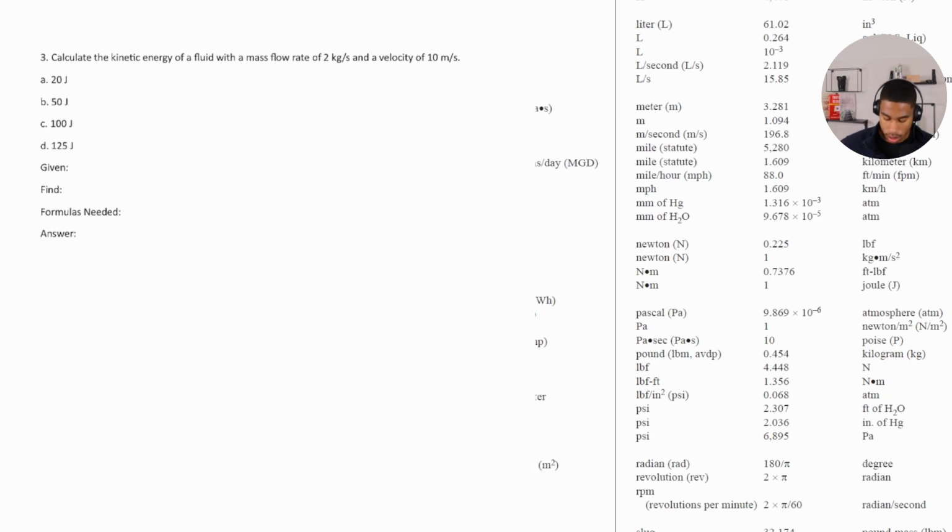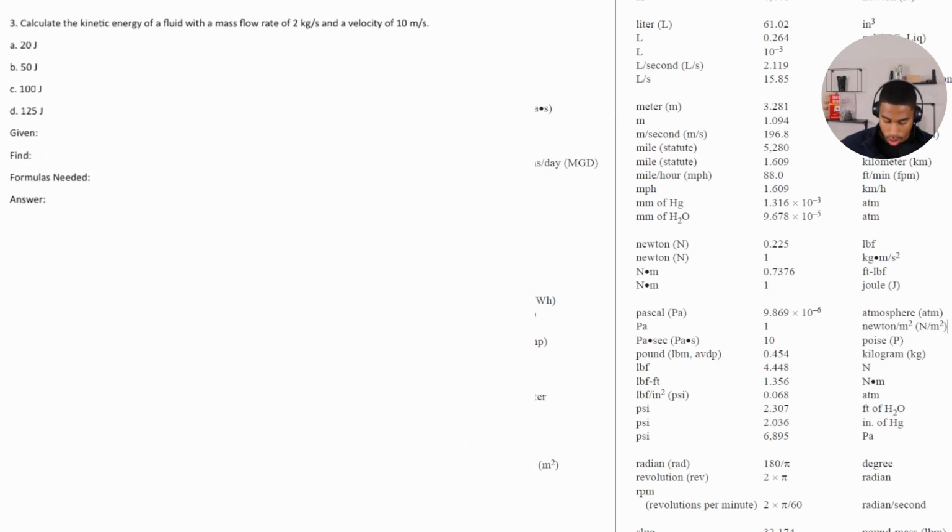All right, let's look at number 3. This one says, calculate the kinetic energy of a fluid with a mass flow rate of 2 kilograms per second and a velocity of 10 meters per second.